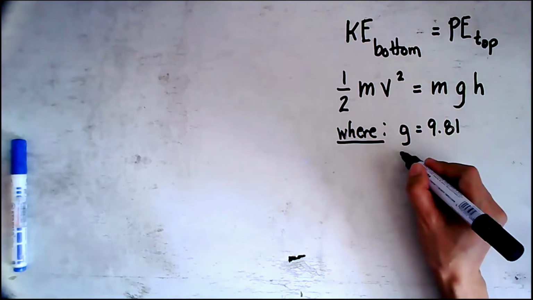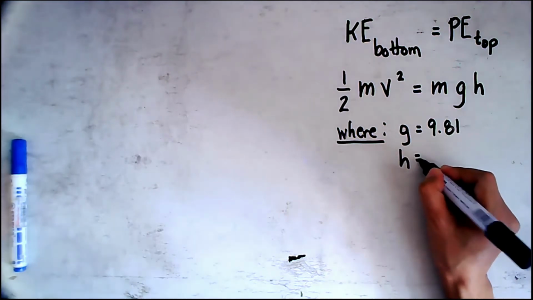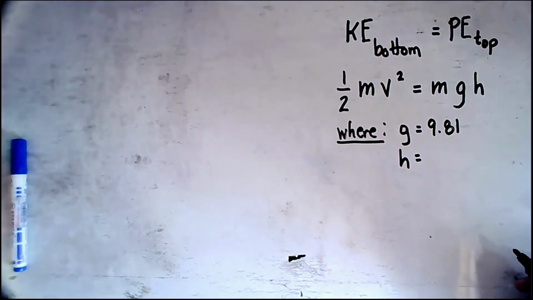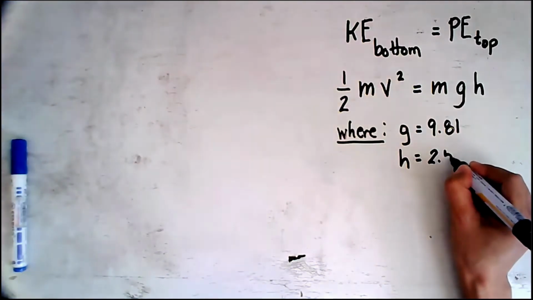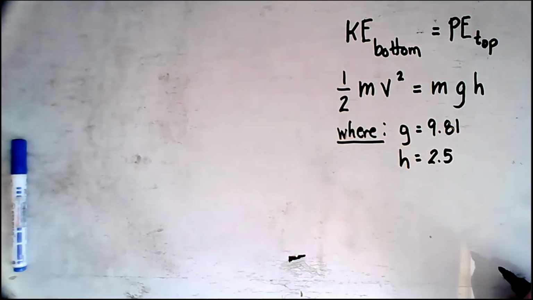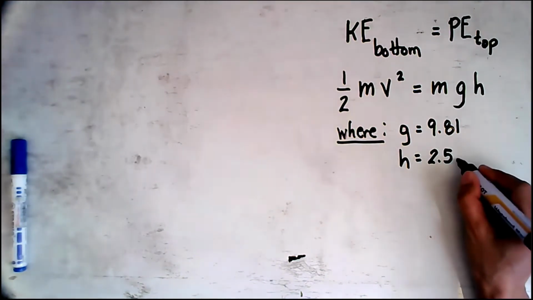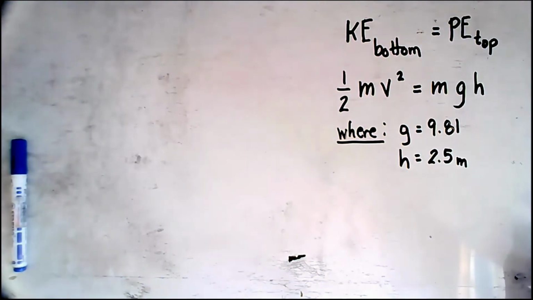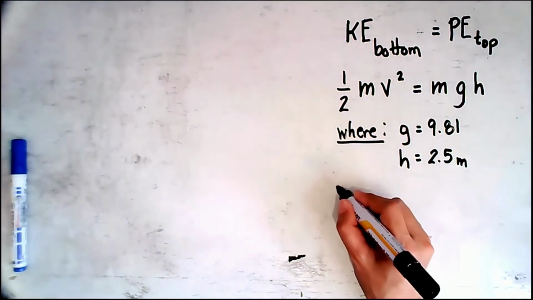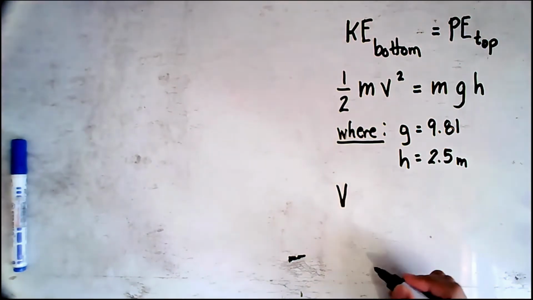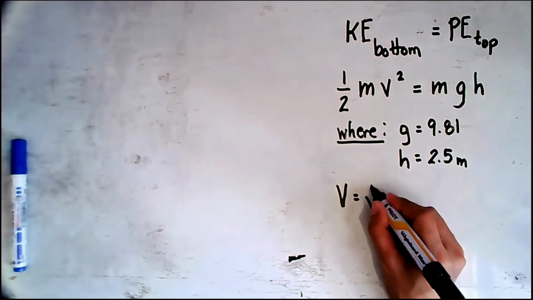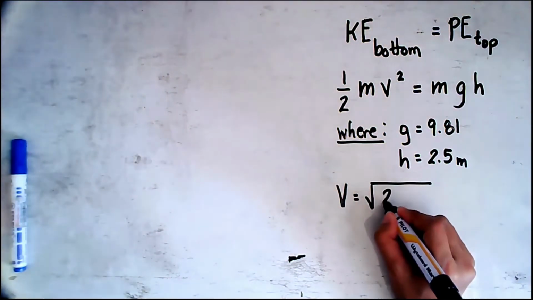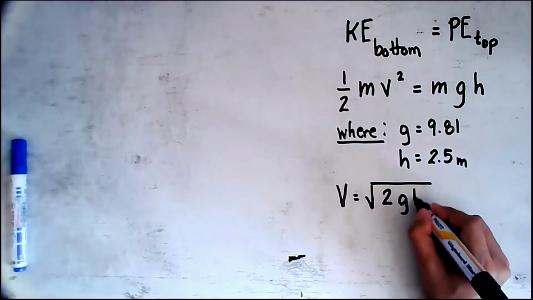The value for h, because according to the problem the water shoots straight up a distance of 2.5 meters, lets us determine the velocity. We can use the formula velocity equals the square root of 2gh.